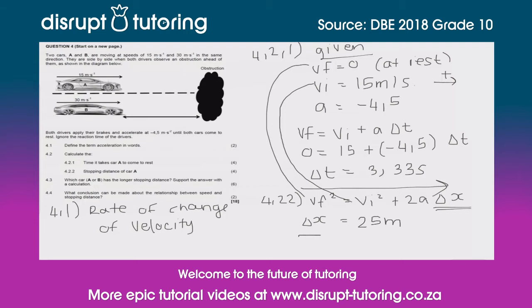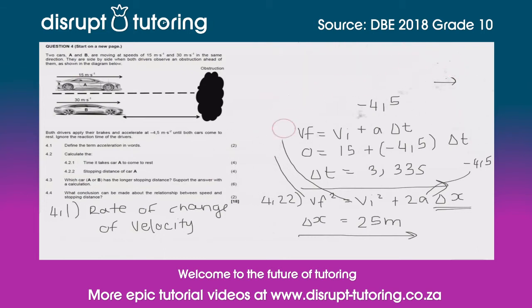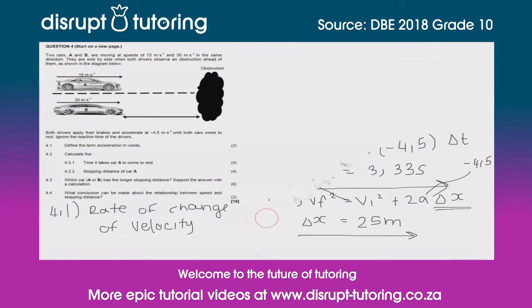Okay, that is the stopping distance that it takes the car. And remember, this acceleration here is minus 4.5 because it is still decelerating. Okay, so let's keep those answers in mind. Let me just erase some of this while we move on to 4.3. Just make some space here.